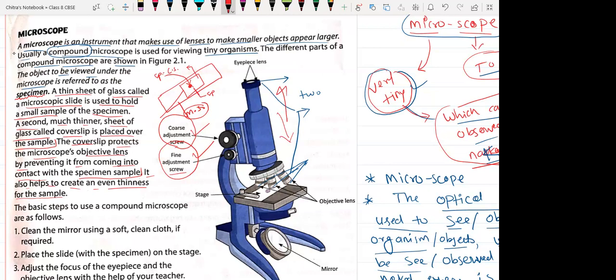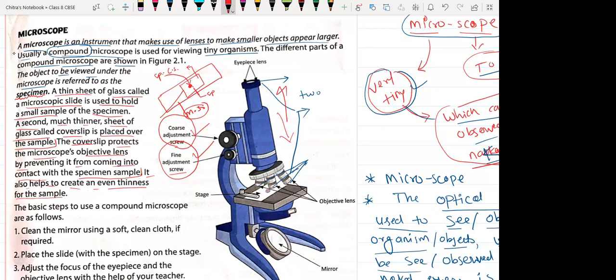Sir, then how does an electron microscope work? An electron microscope is a very complicated instrument. In order to see electrons, we first have to create a vacuum.